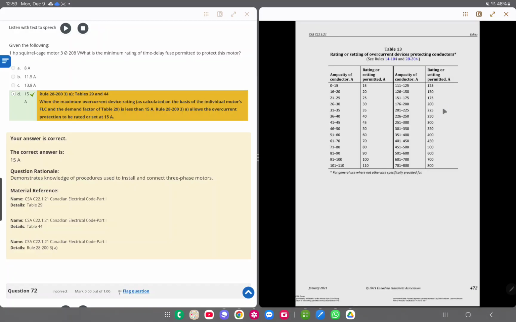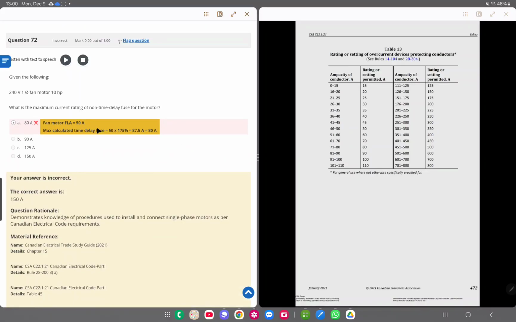Yeah, we do. Okay, so you see here, it says 0 to 15 and then 15. And we can't downsize. So 15 amps is our minimum. So the correct answer is 15.